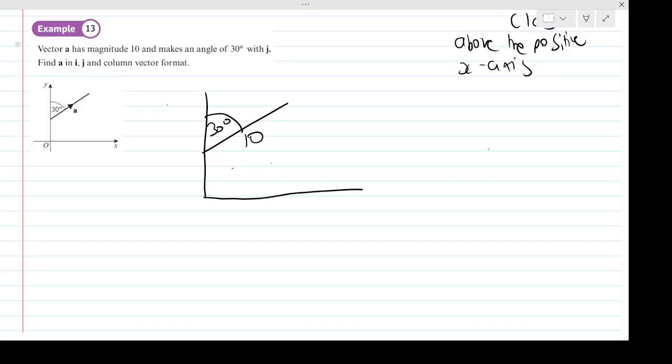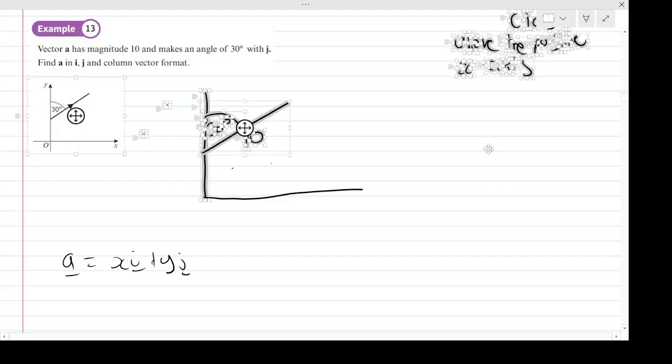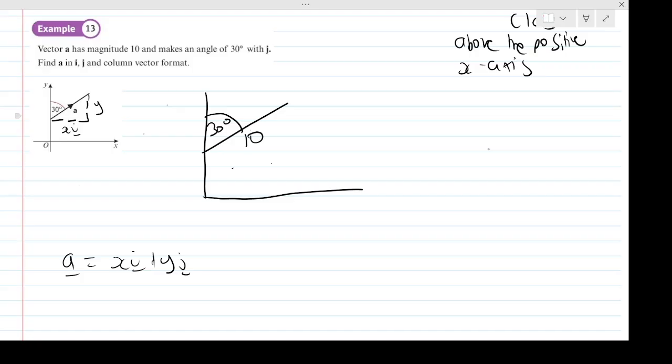And so the question is talking about finding A in i and j in vector format. What that means is we need to express A in the form xi and yj, so we need the i and the j component. If we have the vector A here, then the i component is basically the x coordinate, or the x part, so xi, and then we go up, and that'll be the j component, or the y part, so yj.